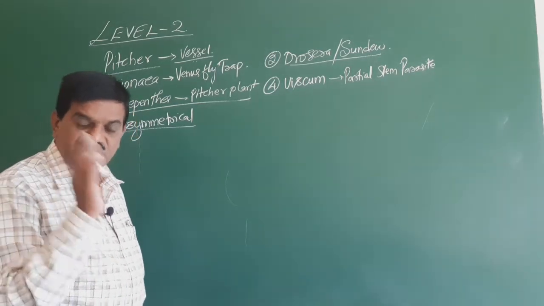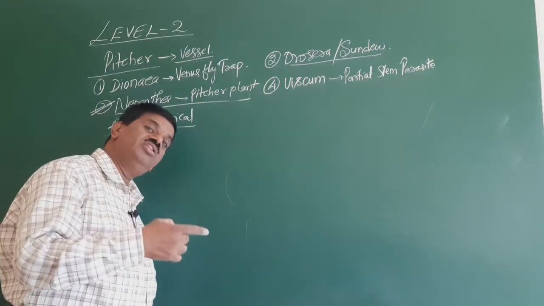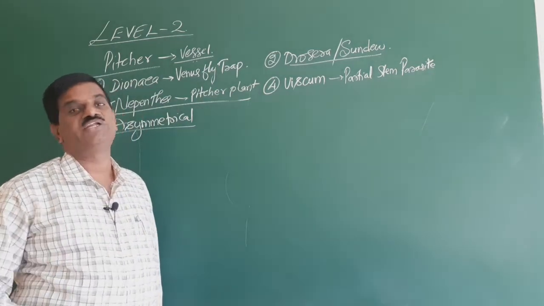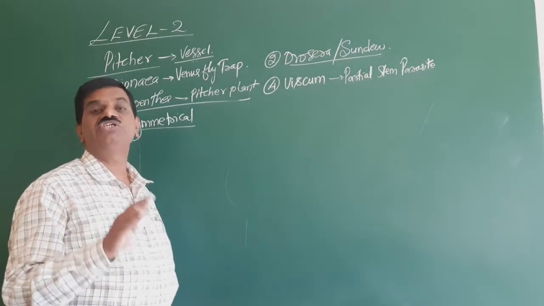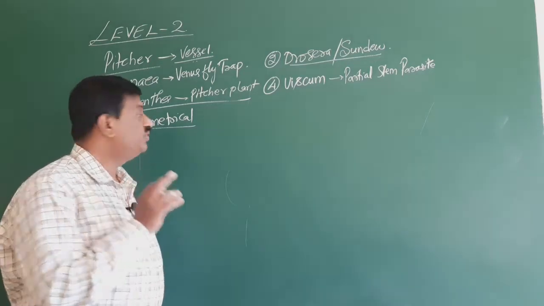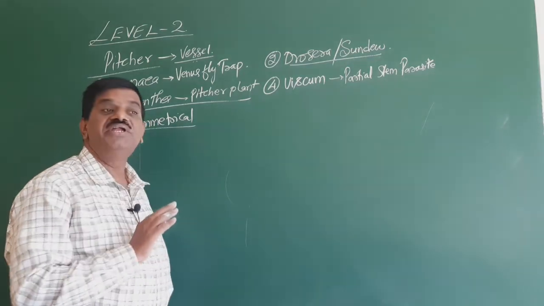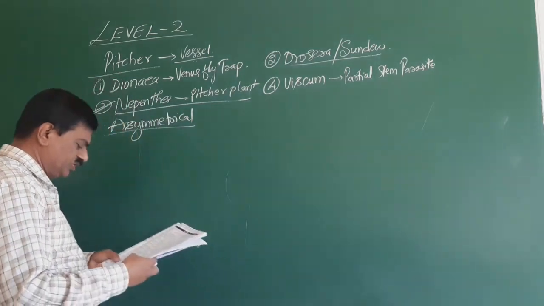For example, if it gives rise to two equal halves in all planes, we use the word actinomorphic. Only in one plane, we call it zygomorphic. But here, we call it asymmetry. It never divides into two equal halves in any plane.